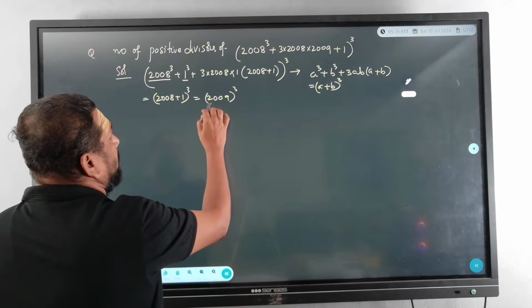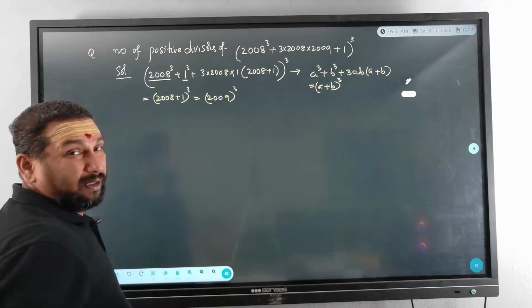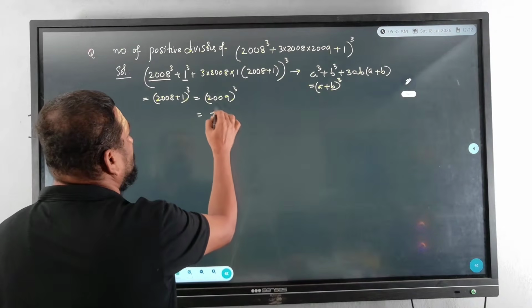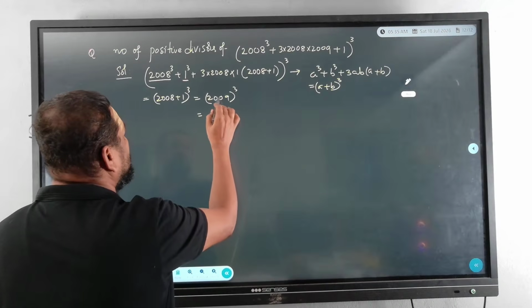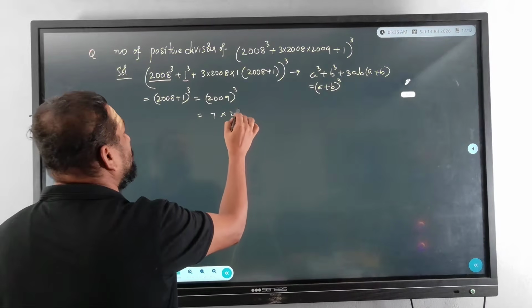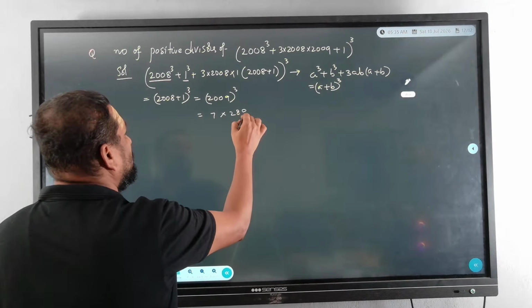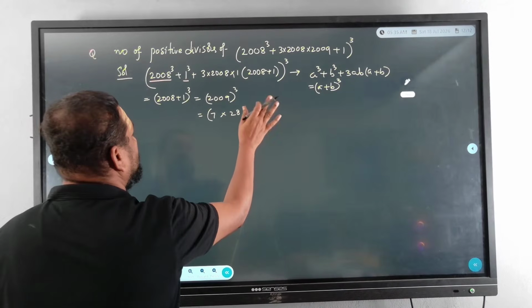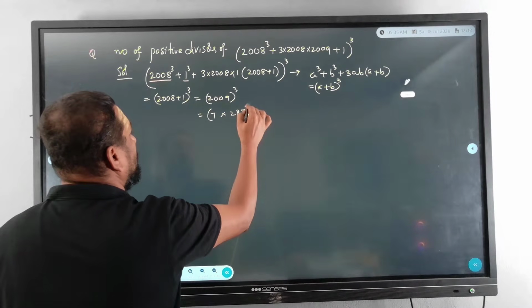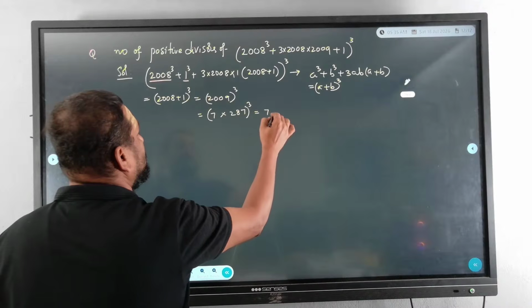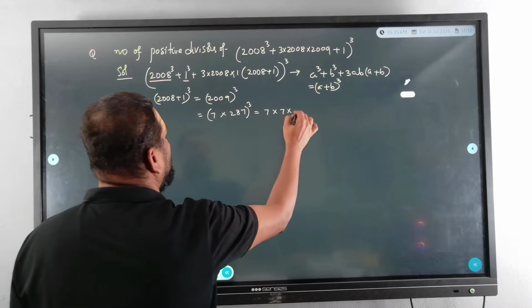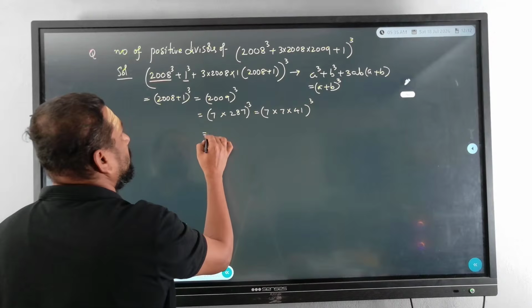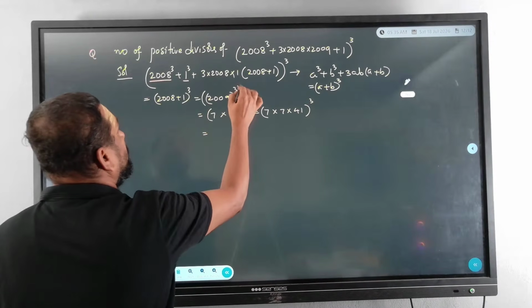Is it divisible by 2, 3, 5? It is not. Try with 7. 7 2s are 14, 7 8s are 56, 7 9s are 63, so 2009 is 7 into 7 into 41.